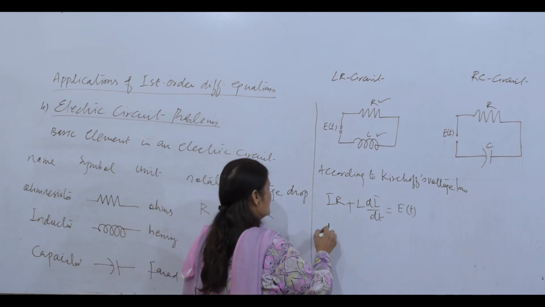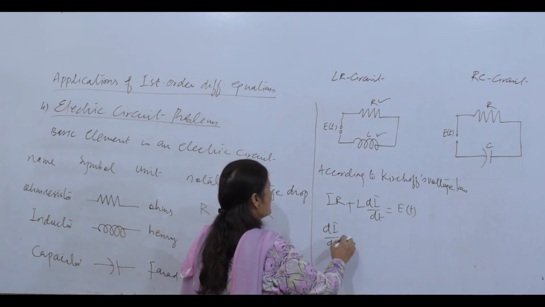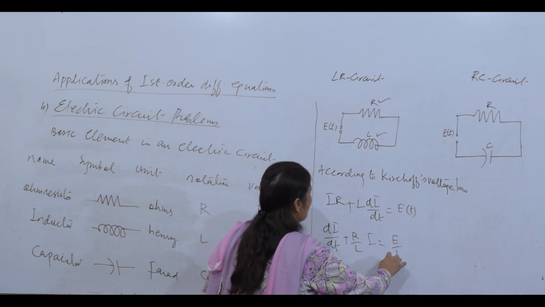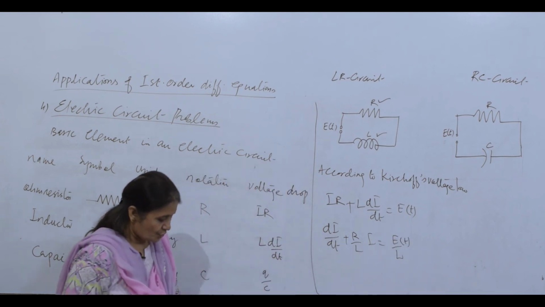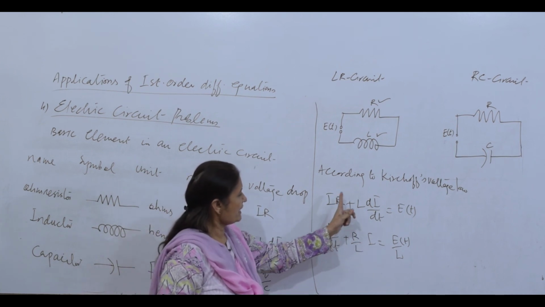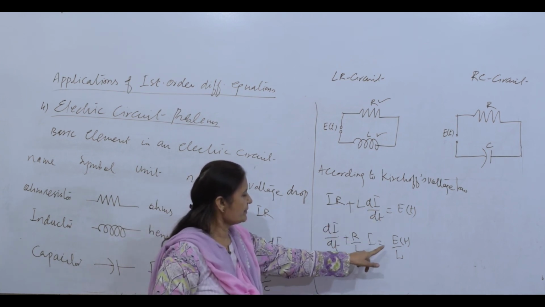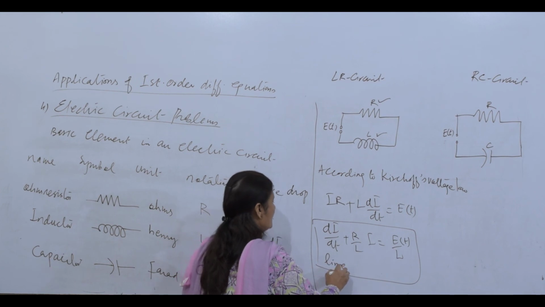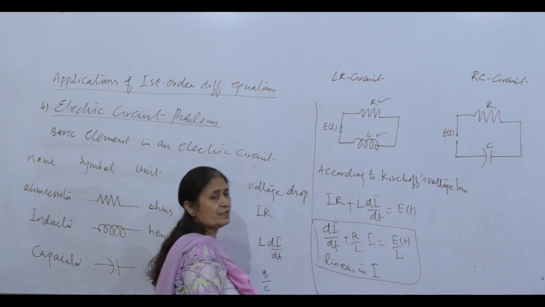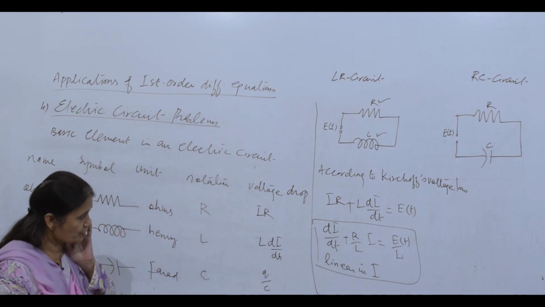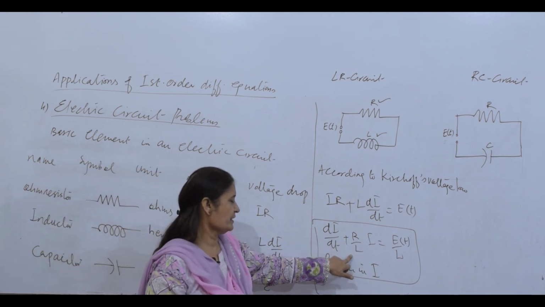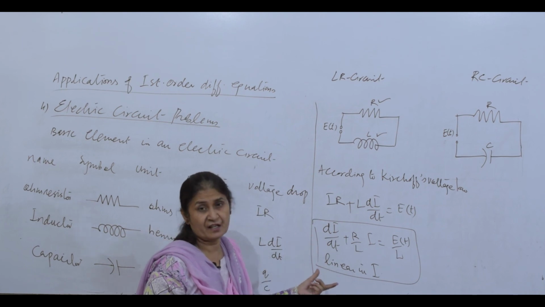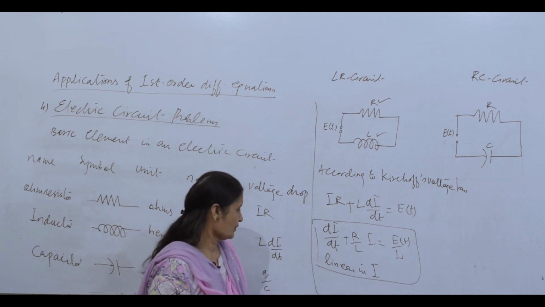Dividing by L everywhere, di by dt plus R by L i is equal to E by L. If you remember, this is linear in I. So you have to solve the equation by finding the integrating factor and simplifying, and you get I, which is the current in the circuit at any time.